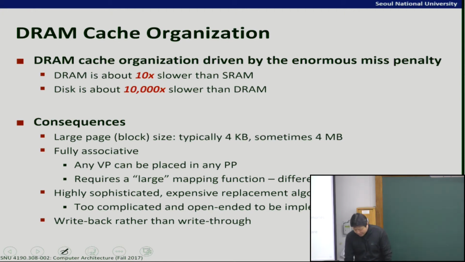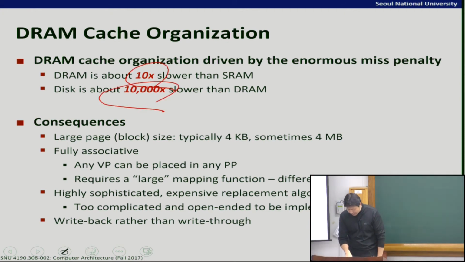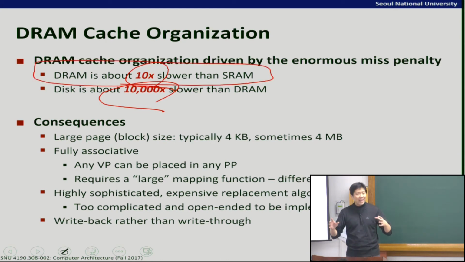DRAM is about 10 times slower than SRAM, but disk is about 10,000 times slower than DRAM. The first is the performance gap between the processor cache and main memory, but the gap is much larger between main memory and disk, about 10,000 times slower than DRAM.